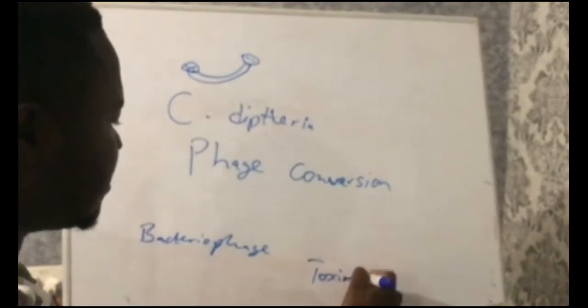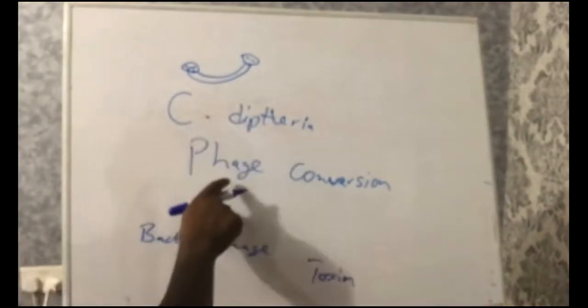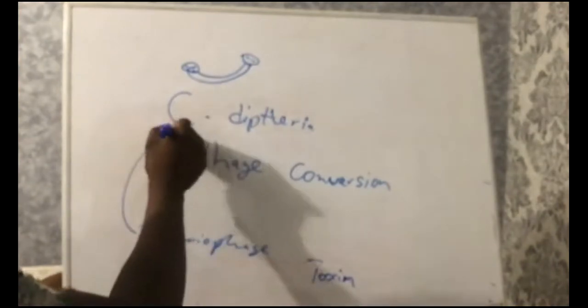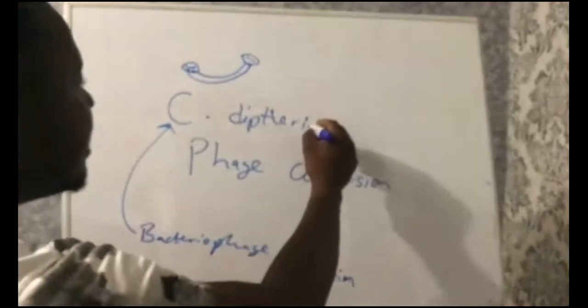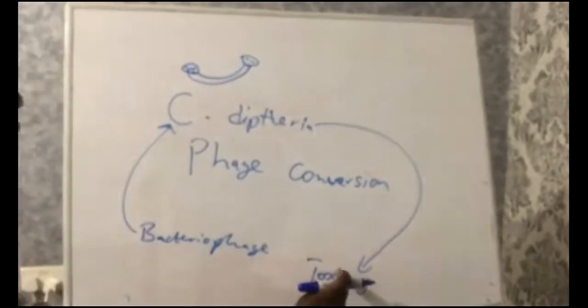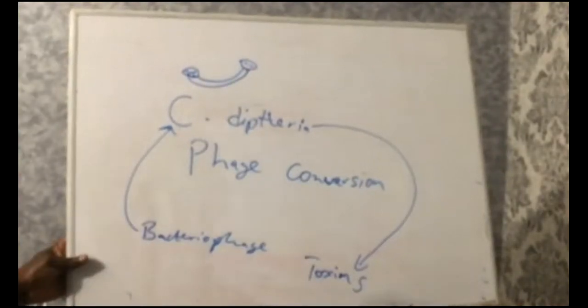So it is only when the C. diphtheria has undergone phage conversion, because the bacteriophage altered it, right? And then from there, this C. diphtheria will start producing these toxins. Now it is this toxin that causes the diphtheria, okay?